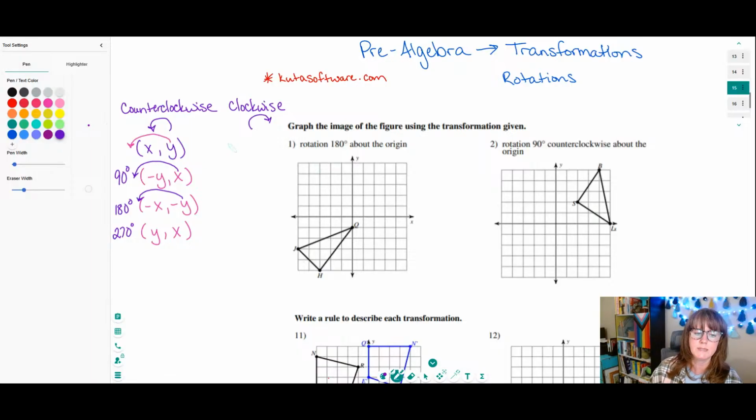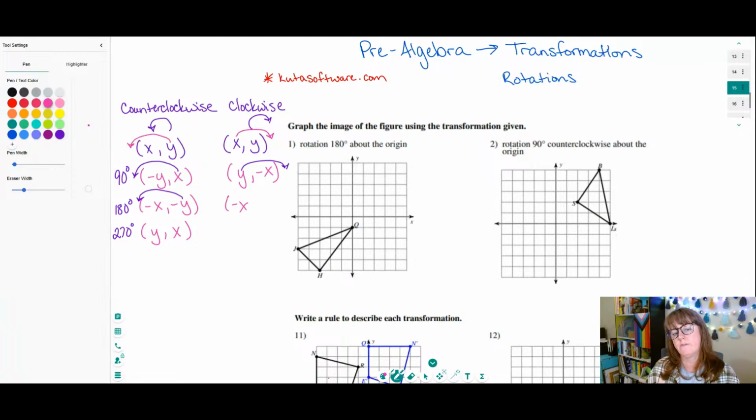Clockwise is going to be the same thing, but we're just going in the opposite direction because we're going from the left to the right. So for a 90 degree, we're going to take the X and move it over. We're going to rotate it over to the right-hand side. So now our new point is going to be Y, negative X. And then for a 180 degree rotation, we're going to move that Y over to the other side.